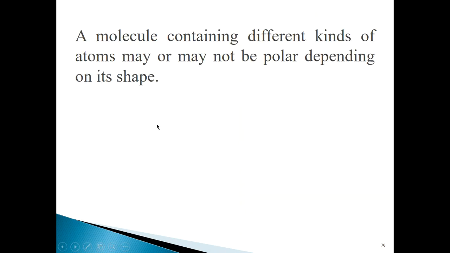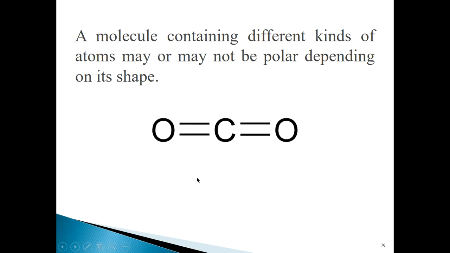A molecule containing different types of atoms may or may not be polar depending on its shape. As I said before, we're going to learn about predicting the shapes of molecules. But for now, let's look at this molecule, carbon dioxide. It is known, and you're going to learn about this later on, that the carbon dioxide molecule is linear in shape.